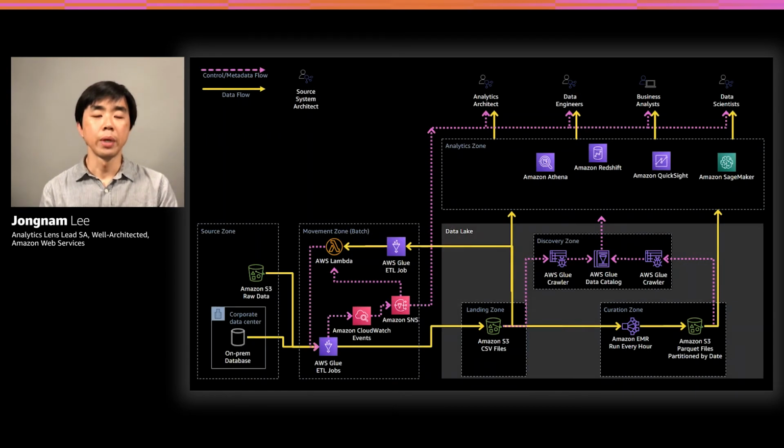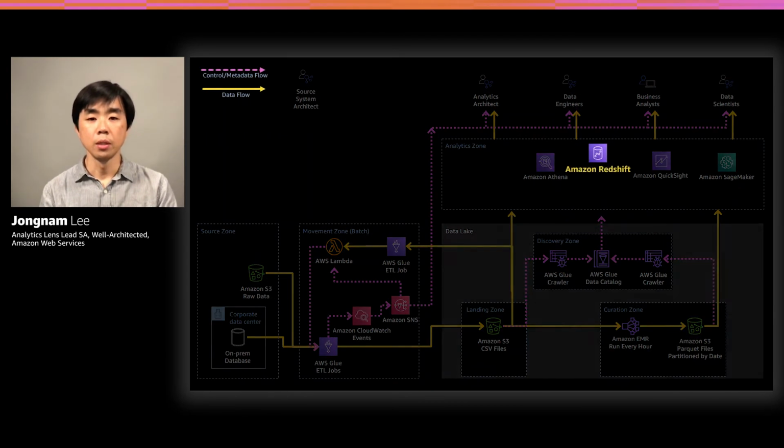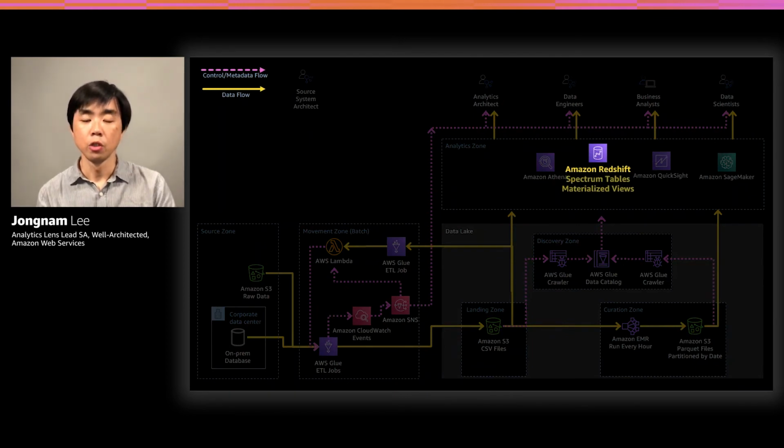So coming back to the architecture diagram, what that means is let's focus on Amazon Redshift as an example. You may need to consider using Amazon Redshift Spectrum tables instead of loading all the data set into the Amazon Redshift local storage. And then you may need to think about the materialized views just for performance efficiency.